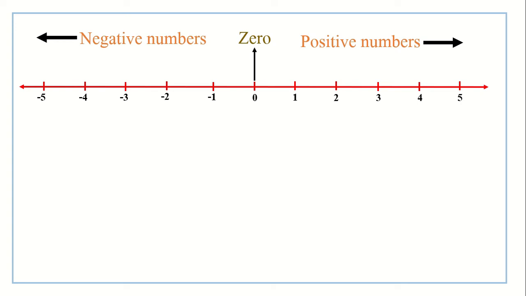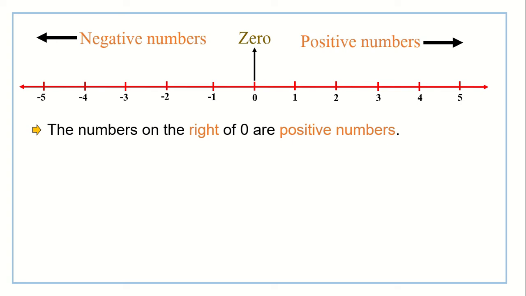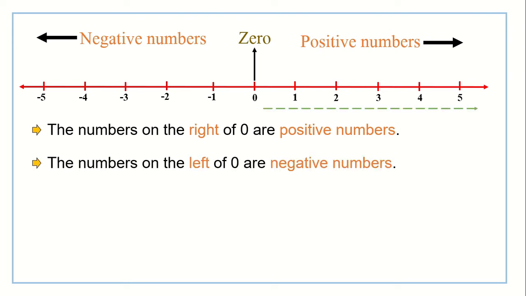Okay? Now, note that the numbers on the right of 0 are positive numbers. Okay? Whereas numbers on the left of 0 are negative numbers. Okay?